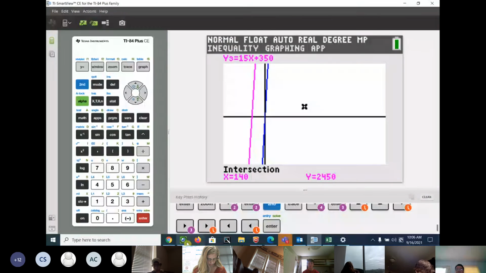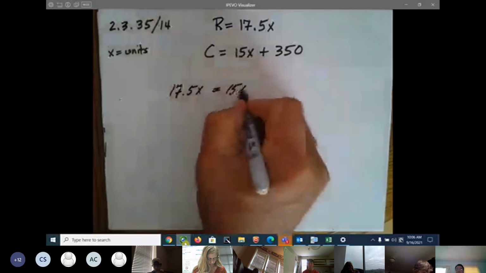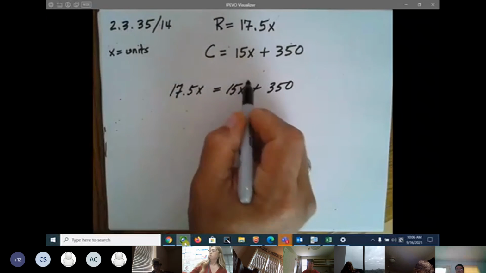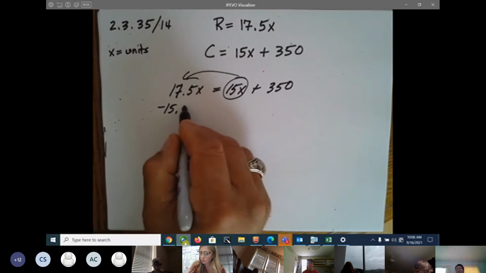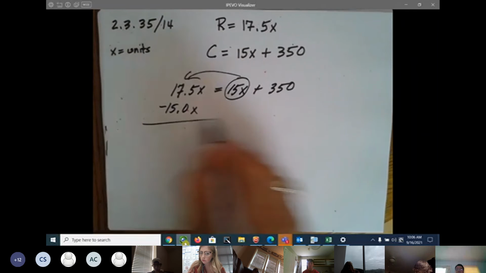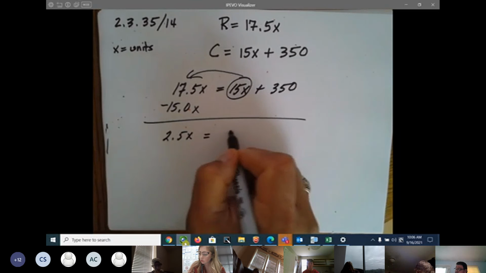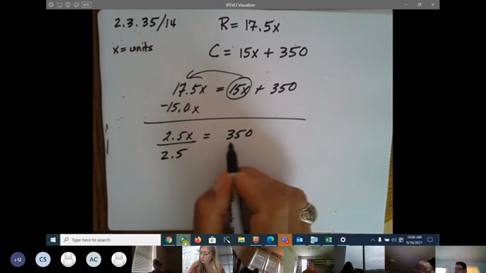So 17.5x is equal to 15x plus 350. Bring that across the river. And that's going to give us 2.5x is equal to 350. Divide by 2.5.